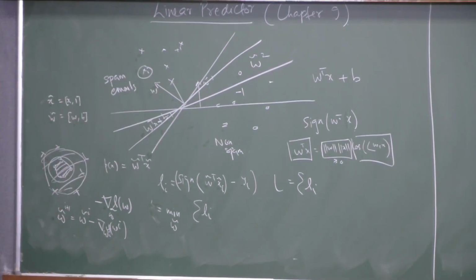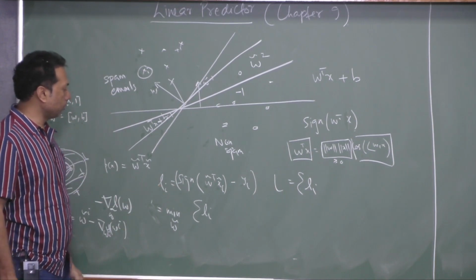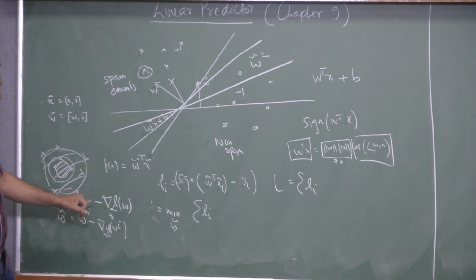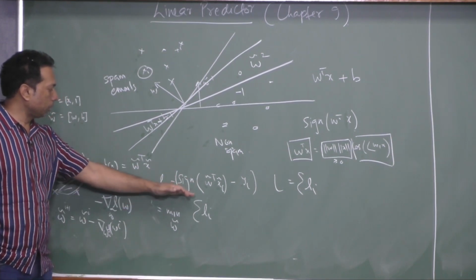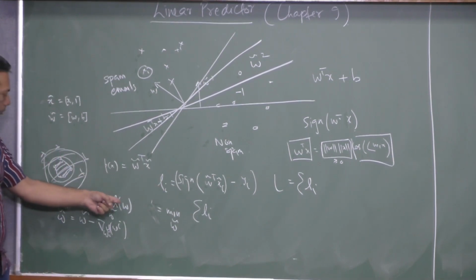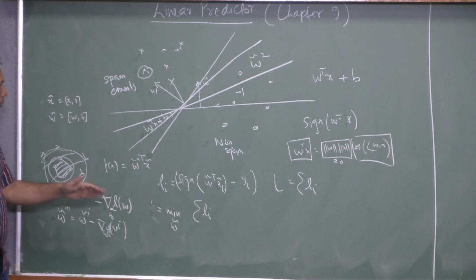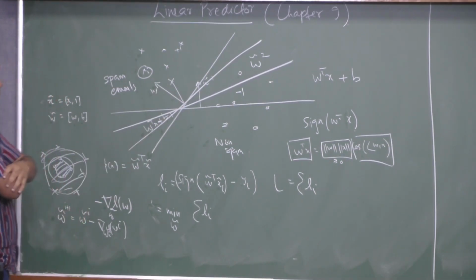Once it makes no error, it has no improvement to be done, so you can stop your algorithm. In that case the gradient should become flat, because the loss should go to a minimum, and the gradient must be 0. So in your algorithm you can check the norm of the gradient of L, and then you know when to stop. When you stop, you know that classification has happened.